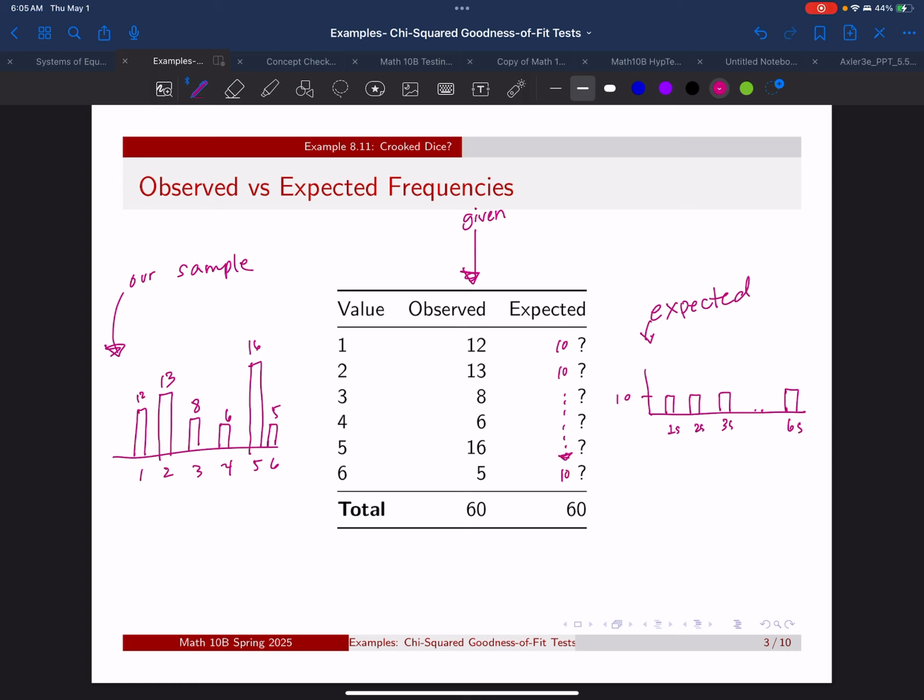How did we get that? Because we're assuming that the die is fair, and we have 60 rolls and 6 possible outcomes. We are back to a uniform distribution. Remember, we studied these different types of distributions: uniform, Bernoulli, binomial, Poisson. Those were our discrete distributions.